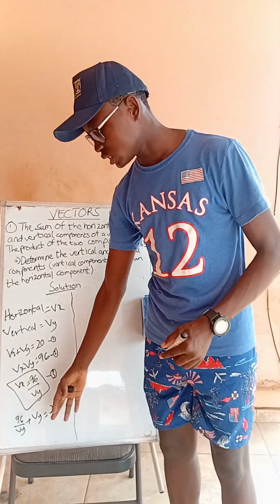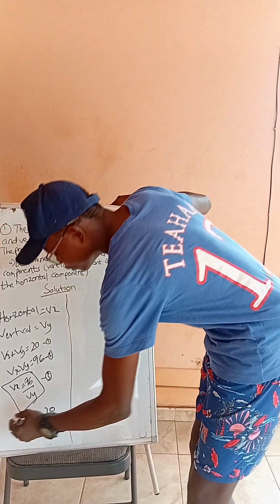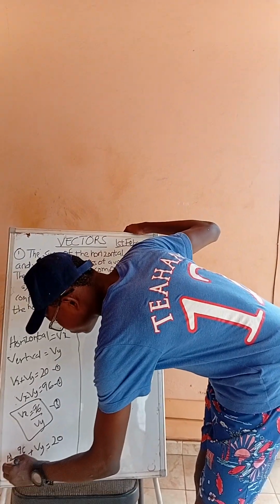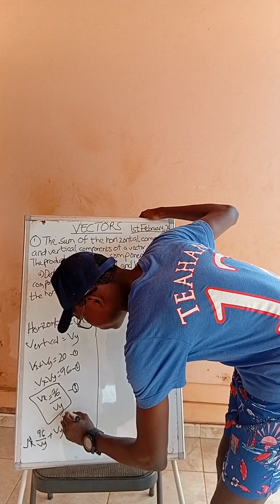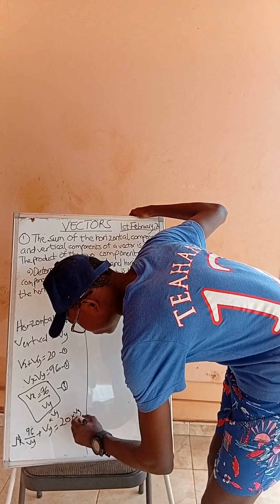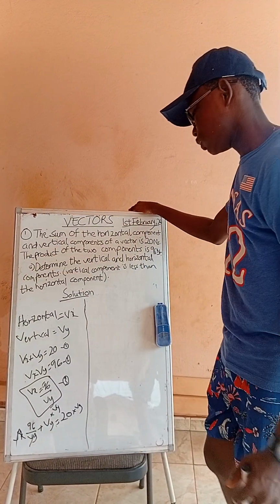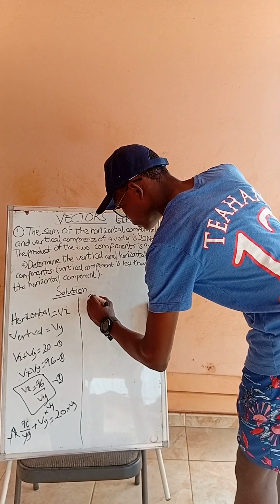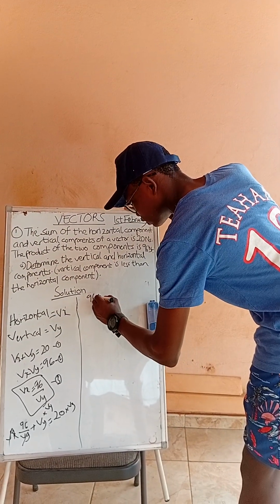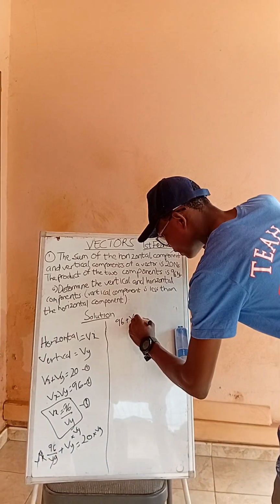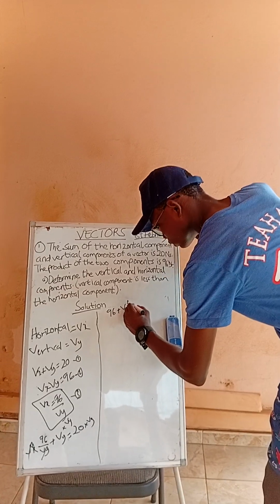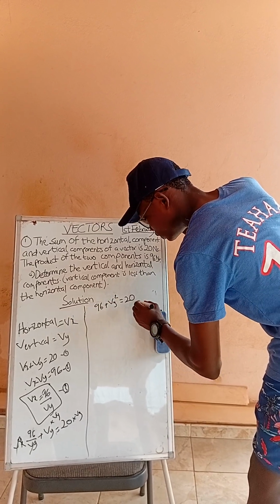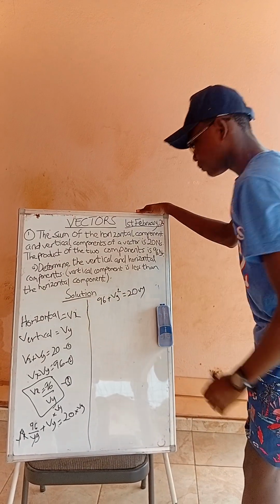In this case, the LCM is what? Vy. So times Vy, times Vy. So this will cancel this. So we are left with 96 plus Vy squared is equal to 20 Vy.